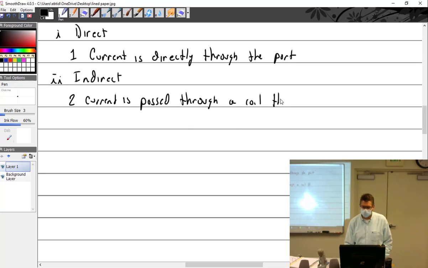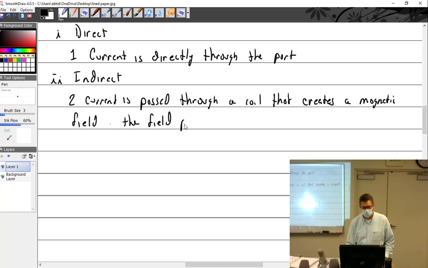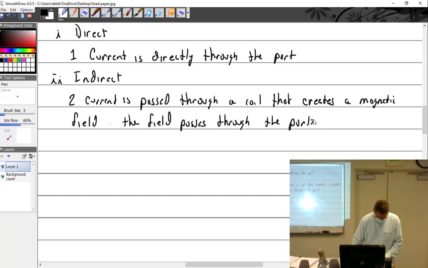Coil that creates a magnetic field, this field passes through the part. All right, that's called a coil shot, if you will. So, in colloquial speak, headshot. This is coil shot.